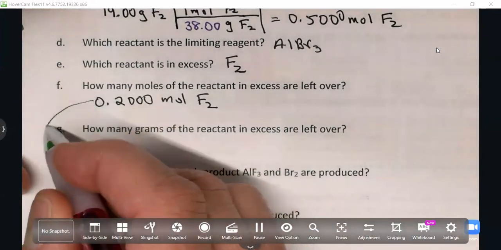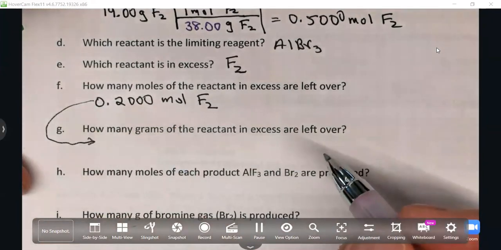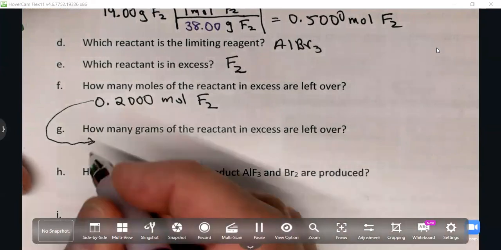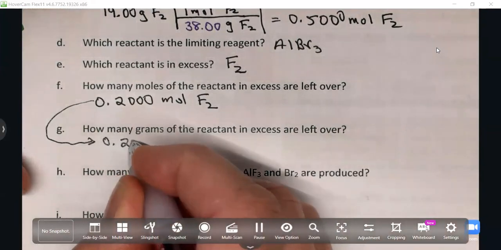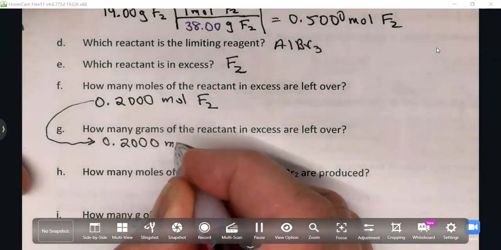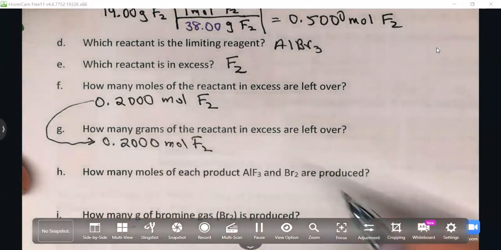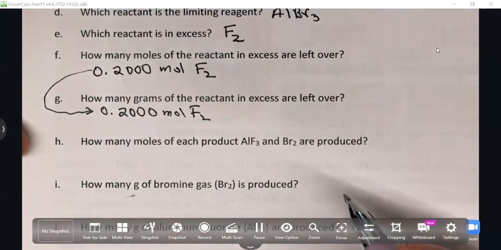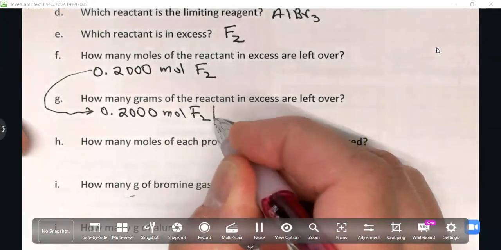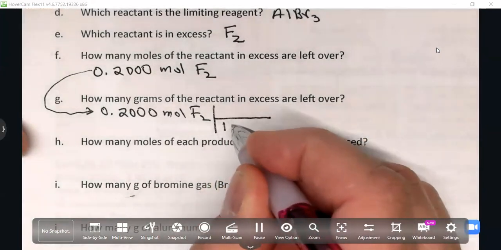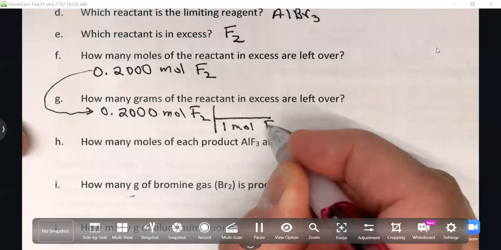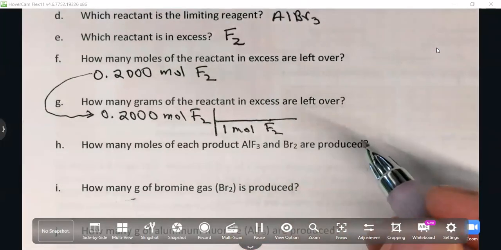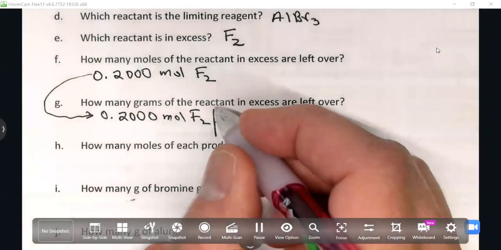Well, let's just take the moles and convert it to grams, right? So 0.2000 moles of fluorine. 1 mole of fluorine is 38 grams.